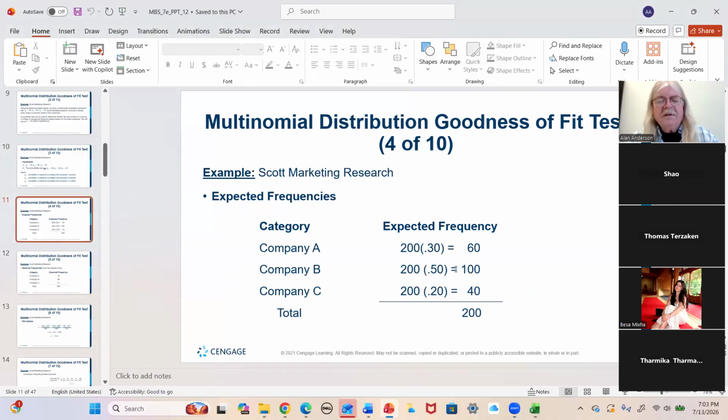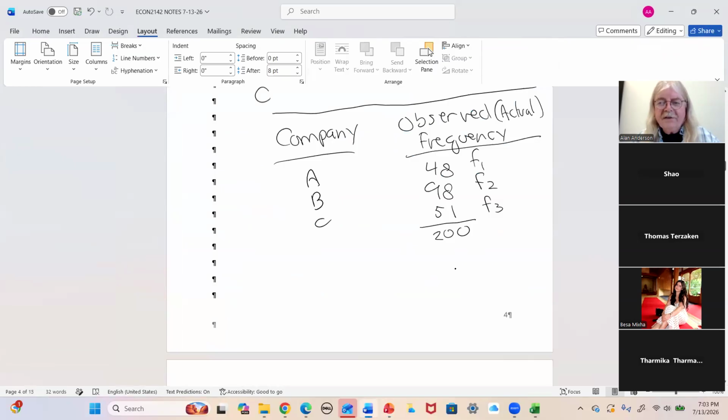But what they're getting at is the proportions have changed or they haven't changed.